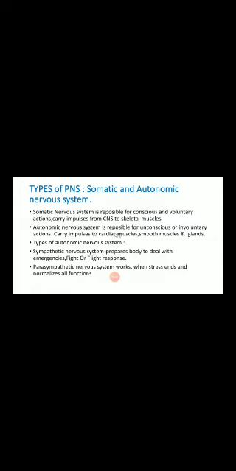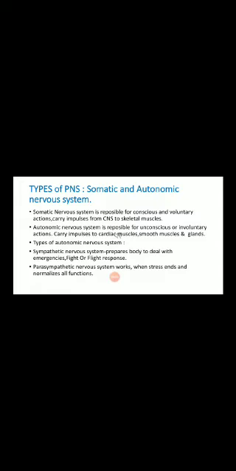The types of the autonomic system are the sympathetic nervous system and the parasympathetic nervous system. The sympathetic nervous system prepares the body to deal with emergency situations like fight or flight. When you are having a fight, or when you are afraid of some dog, you are running away.